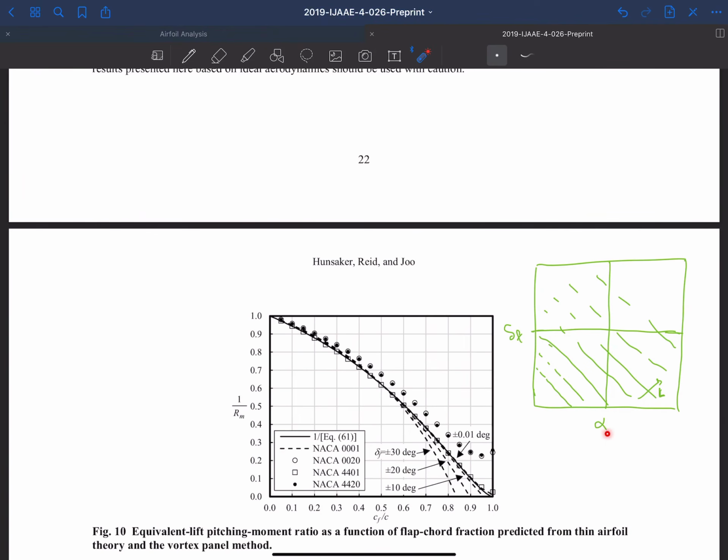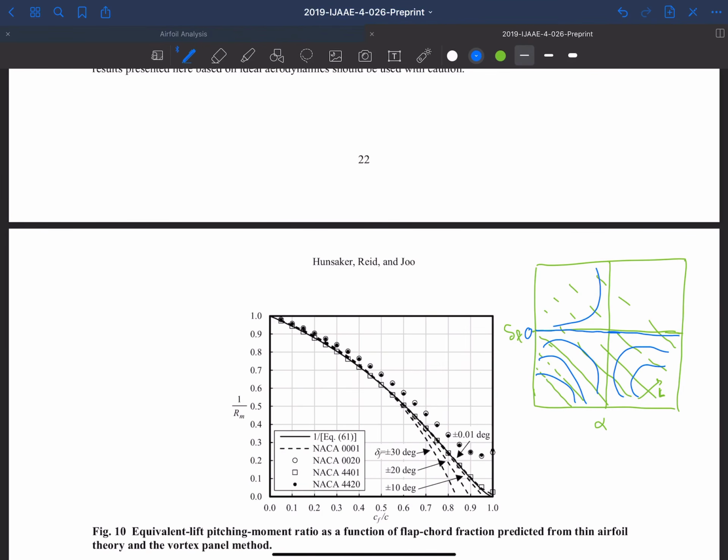So they're at the same angle of attack, same lift coefficient, and now we computed the drag, and we plotted the contours of drag on this figure. And at zero deflection, of course, they were both the same, and so we would get a line right through here. And then we got contours that looked something like this, where I'm just going to try to draw these contours.